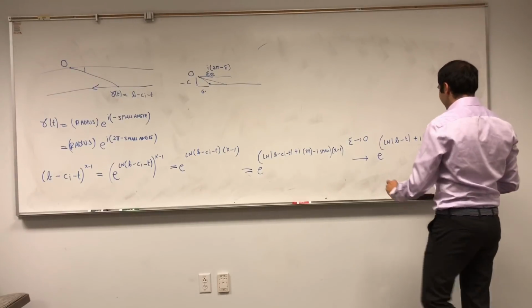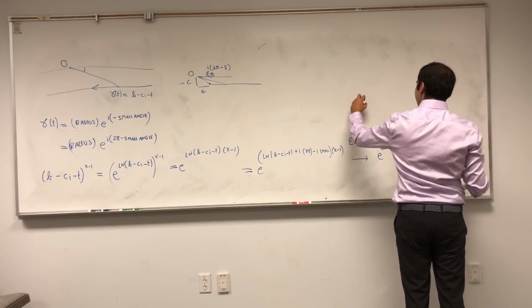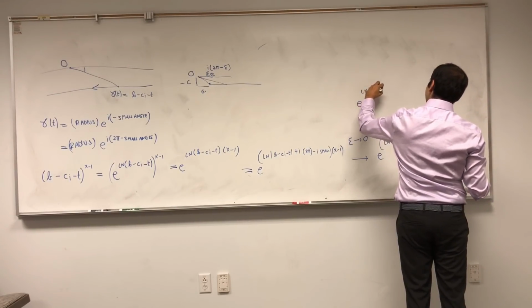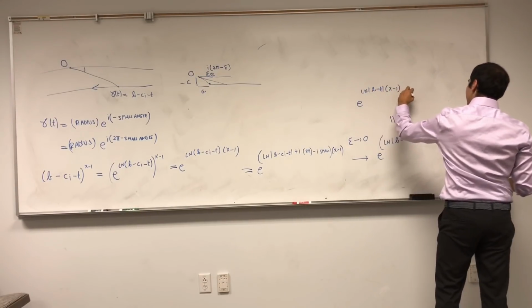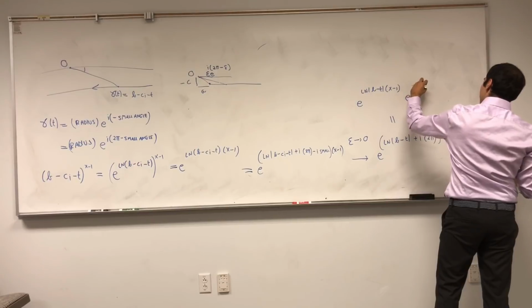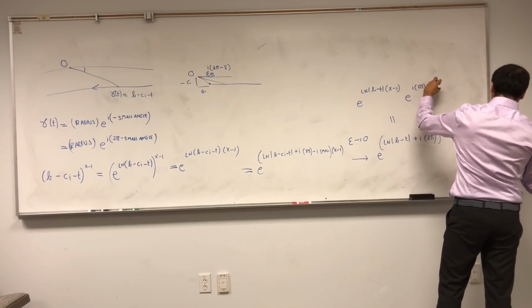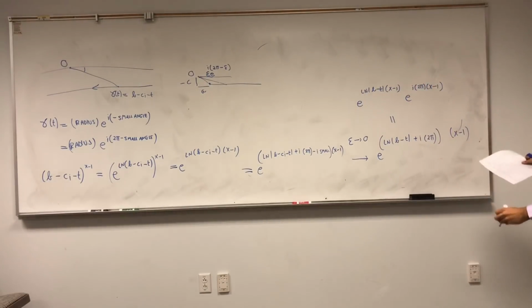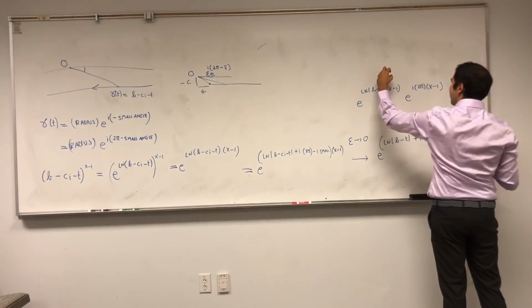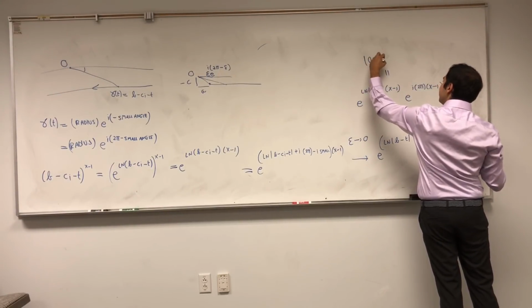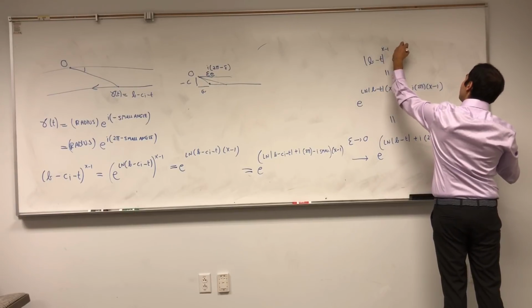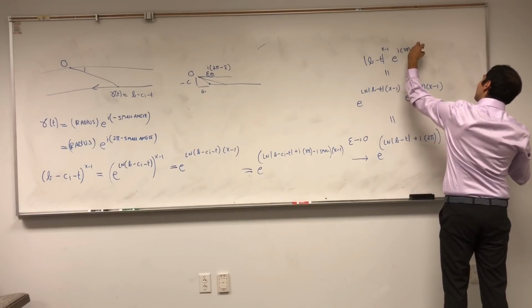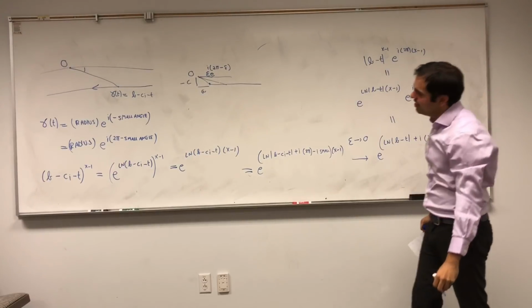And so what this really is equals e to the ln of (b − t) times (x − 1), and then e^(i2π) times (x − 1). And then you're really left with (b − t) to the x minus 1, times e^(i2π) to the x minus 1.